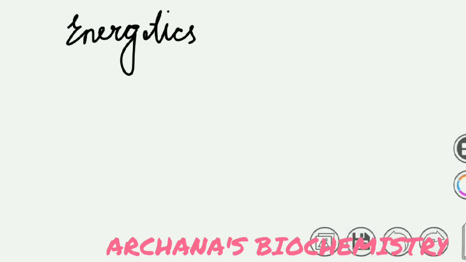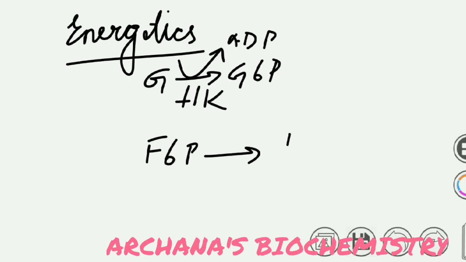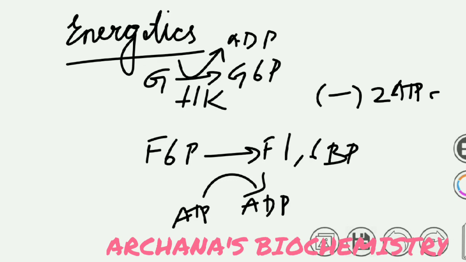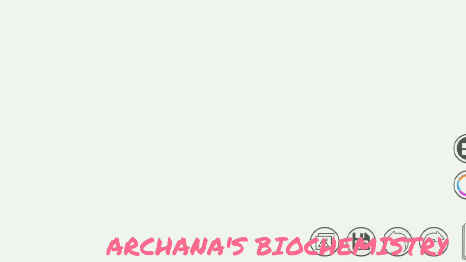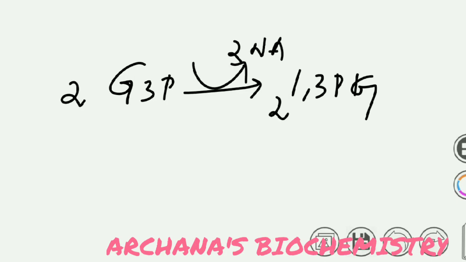Now let's discuss the energetics of glycolysis. So the first step, glucose to glucose 6-phosphate, the enzyme is hexokinase, ATP is utilized. And the next step is fructose 6-phosphate to fructose 1,6-bisphosphate, where there is utilization of ATP. So you can write it as minus 2 ATPs. The next step, glyceraldehyde 3-phosphate to 1,3-bisphosphoglycerate, 2 molecules.